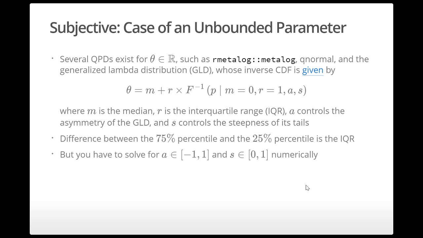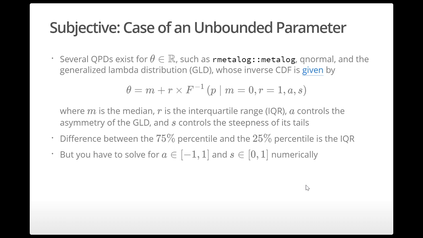So here I wanted to sketch out how we would do this in the case where the parameter is any real number. In this situation, there are actually 3 or 4 maybe different approaches, and I'm not entirely sure which one is going to be best in all circumstances. But here I'll talk about one involving the inverse CDF of the so-called generalized lambda distribution, which in this parameterization does not involve lambda anywhere.